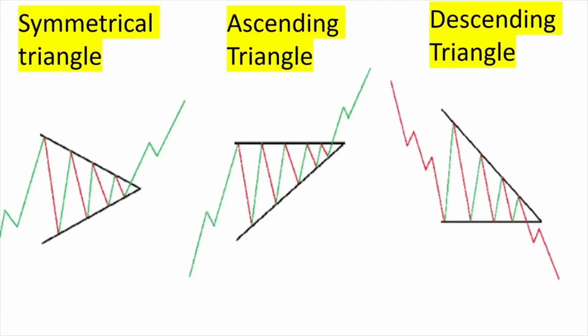First, we have the symmetrical triangle. This is very simple to identify. The price starts circling up and down in the same position, and finally it shoots out. The explanation is very simple and logical. At this point the sellers take the lead, but at this point the buyers.